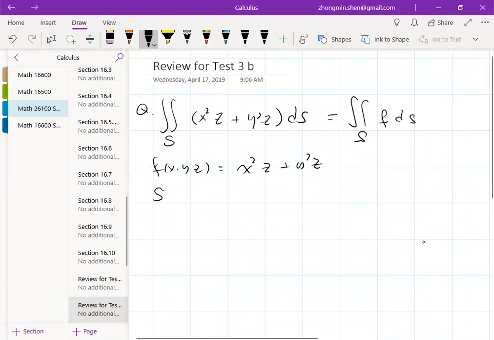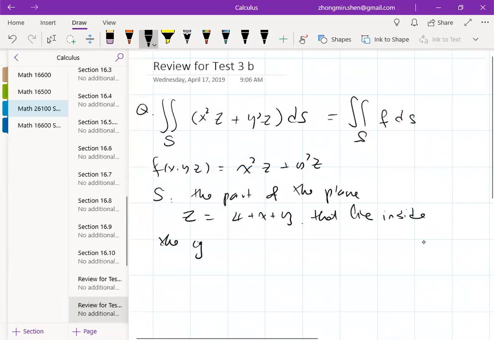S is a part of the plane z equals 4 plus x plus y that lies inside the cylinder.